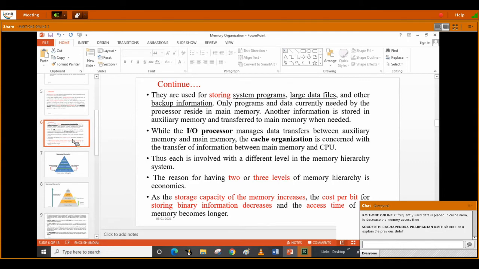The reason for having two or three levels of memory hierarchy is economics. As the storage capacity of the memory increases, the cost per bit for storing binary information decreases and the access time of the memory becomes longer.